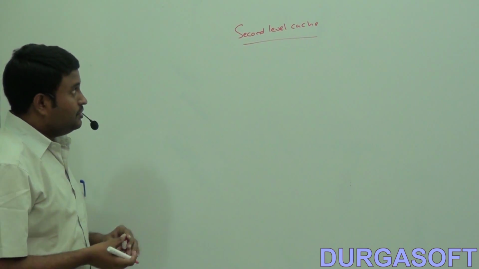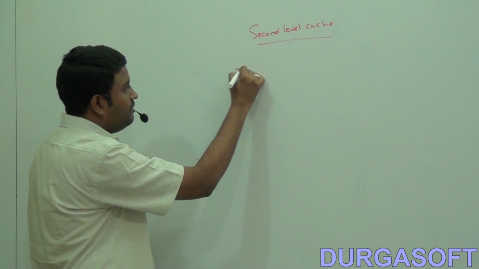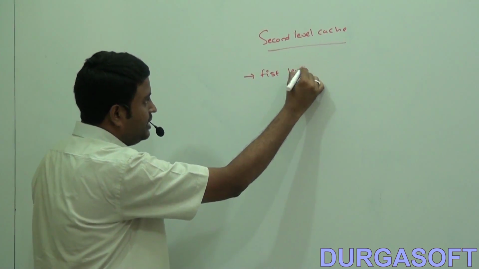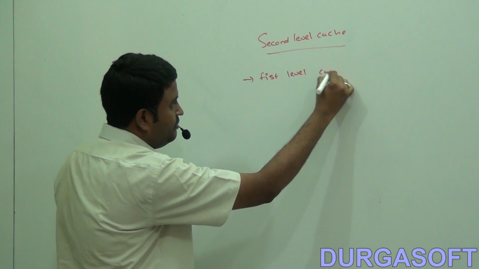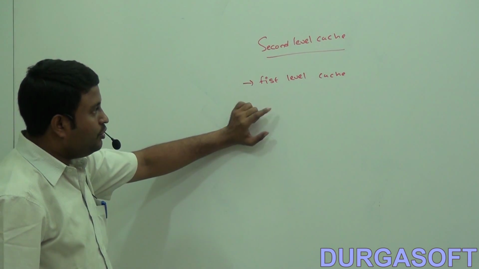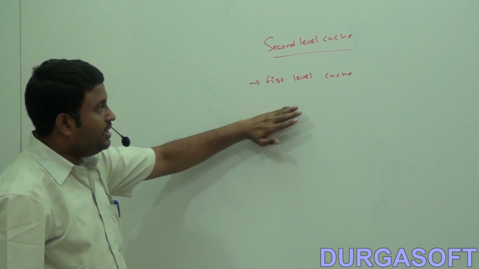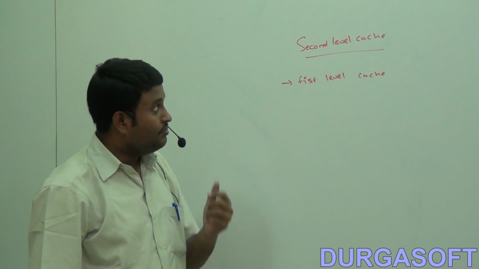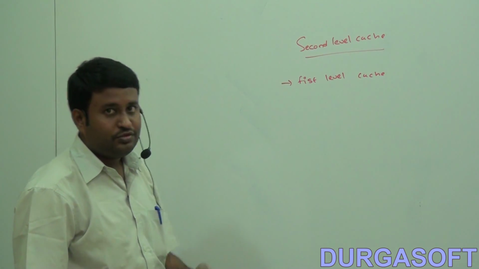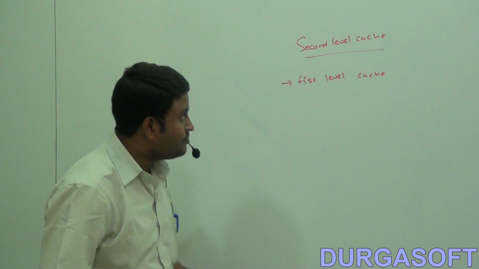By default, first level cache is enabled. As a programmer, we don't have any settings to enable first level cache, but to enable second level cache we need to do some modifications.